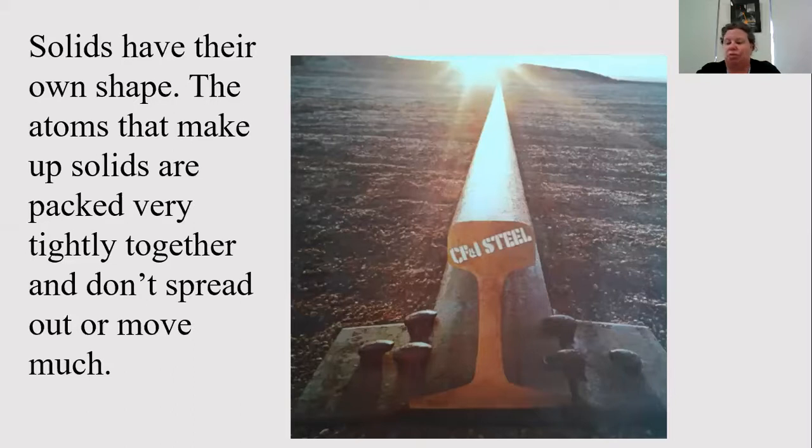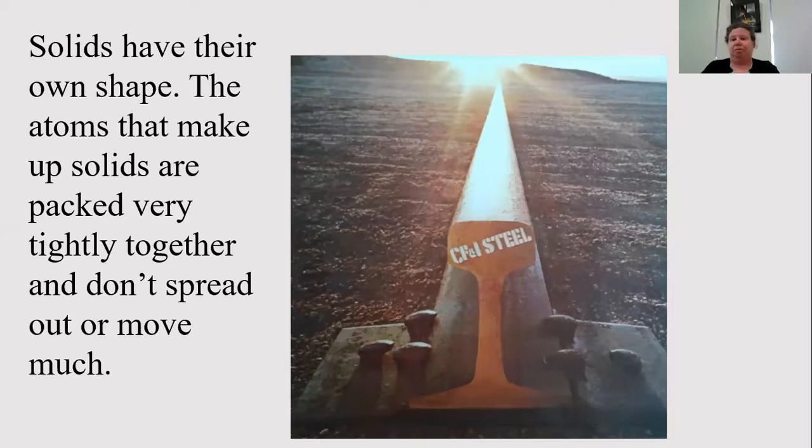Inside of that, whatever that solid may be, there are little tiny things called atoms. And those atoms are packed really, really super, super close together. And they don't spread out or move very easily or very much.